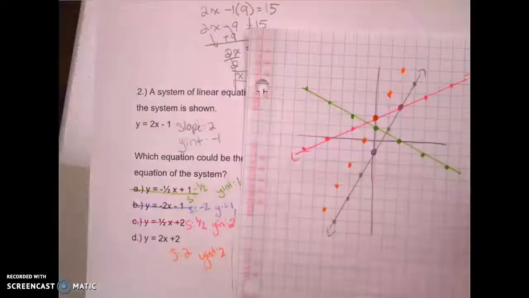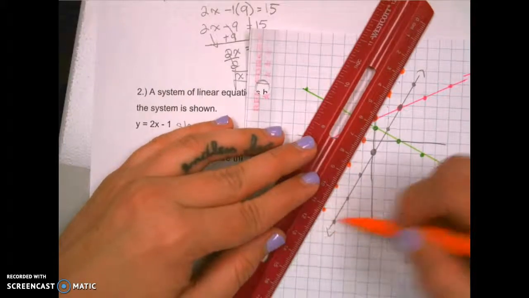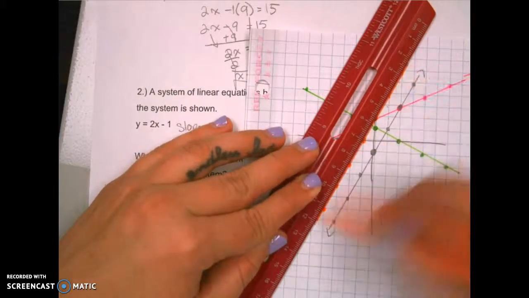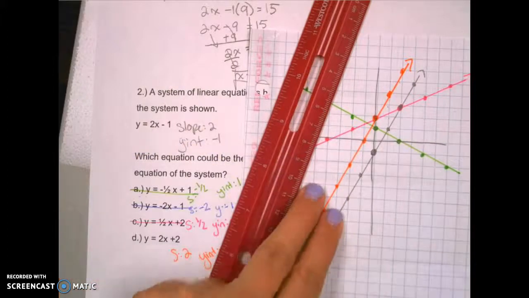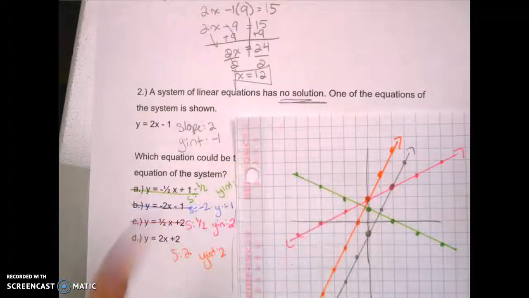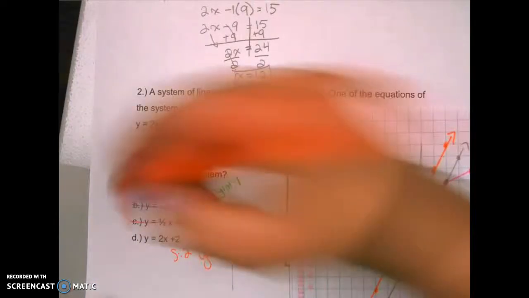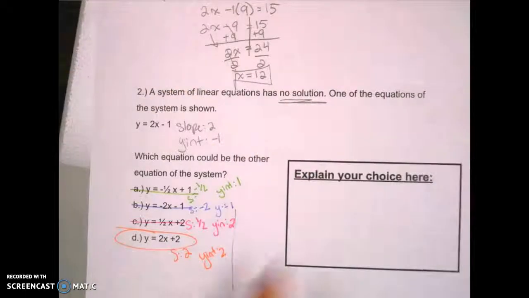So look, my original line was the pencil one. If I graphed both of these, look, they're parallel, meaning that they're never going to intersect, which means no solution. It's never going to hit. There's no solution. There's not infinite many or 1. So I know that my answer is D.